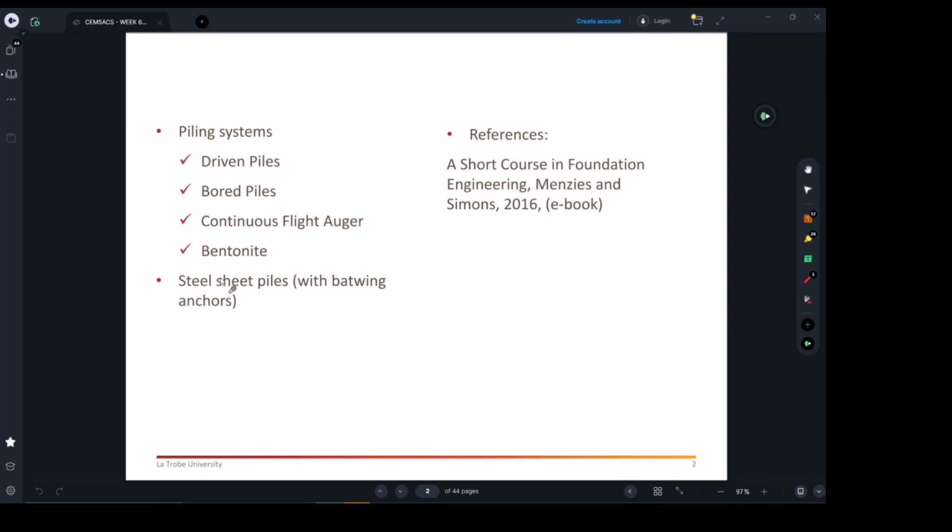And then the very last type of retention, we'll talk about steel sheet piles, which some of the students talked about last week. It's just steel sheets, but you're going to see where it's used in limited situations where you have very sandy soil, and you just want to stop that sand from collapsing.